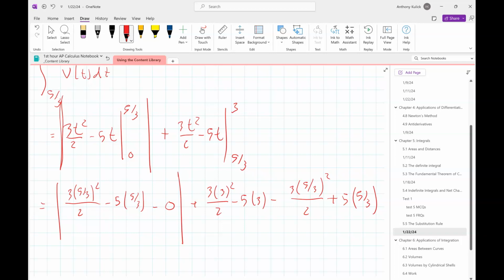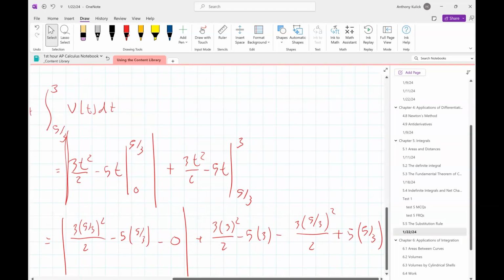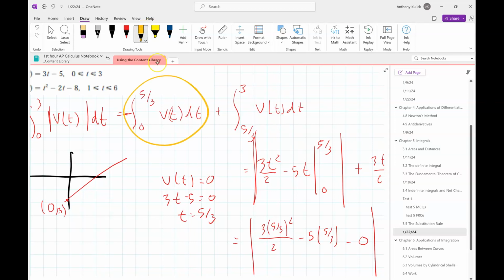The other option, Rita, is that you could think about it this way also. You could do that and stick a negative sign in front, and that's okay, because I know that this area is going to be negative. So by doing the negative of the negative area, I've done the absolute value to it. That's the definition of an absolute value.